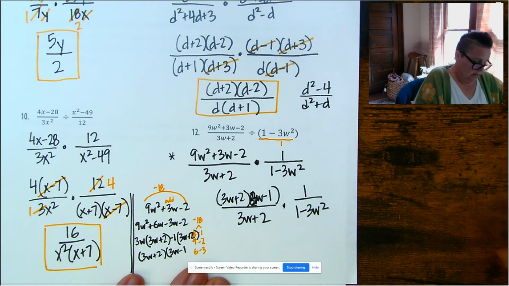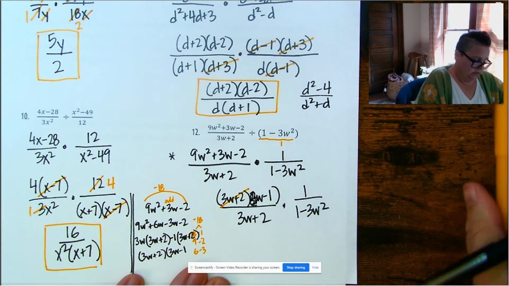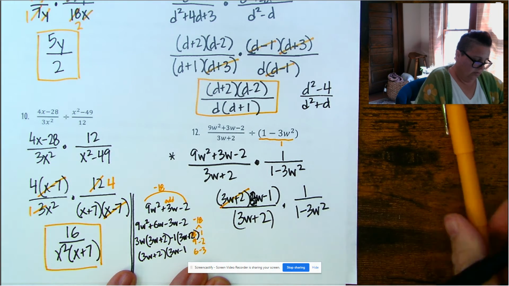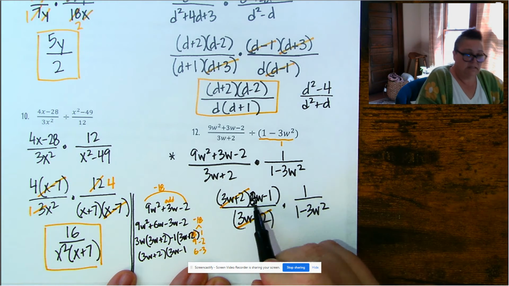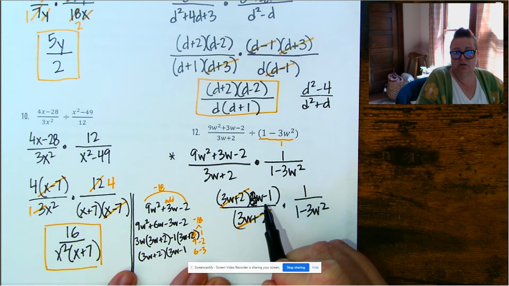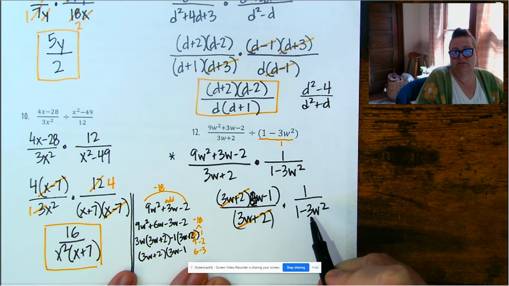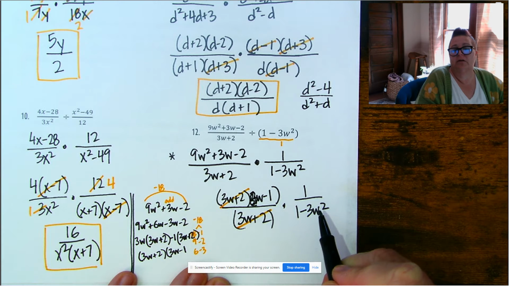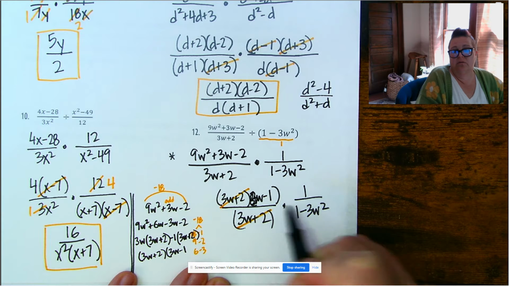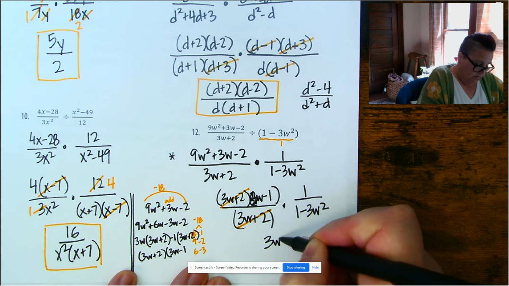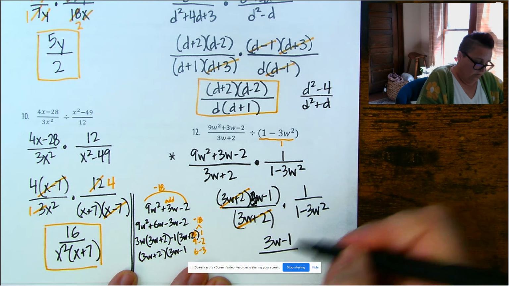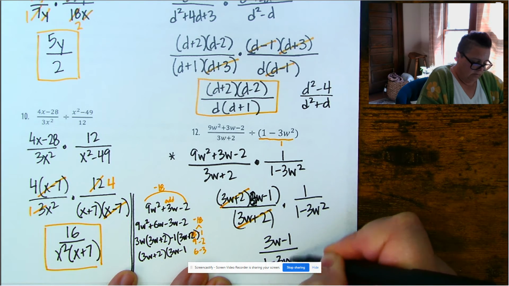Okay, so this 3w plus 2 will indeed cancel with this 3w plus 2. This is 3w minus 1. That's 1 minus 3w, oh, 3w squared. The squared here is ruining it for me. So this is going to be just 3w minus 1 over 1 minus 3w squared.